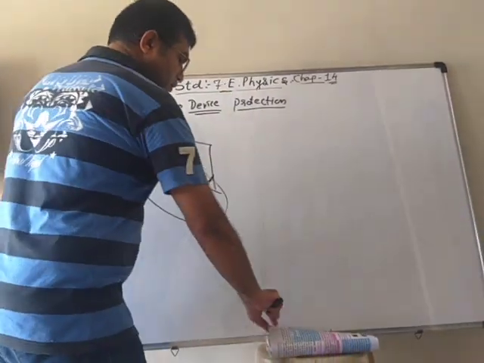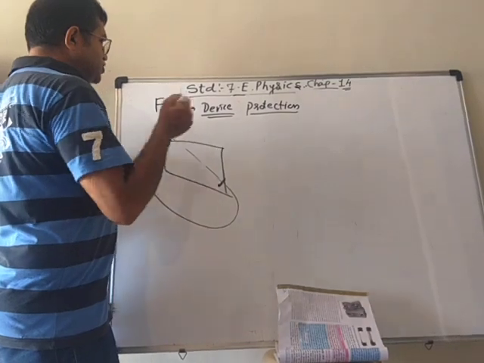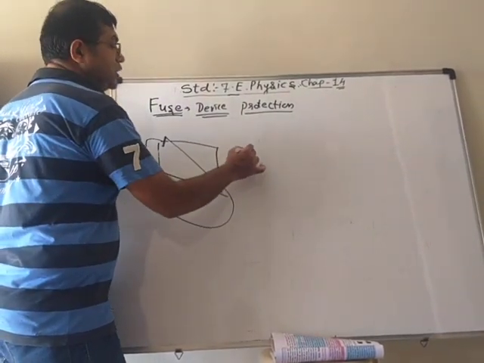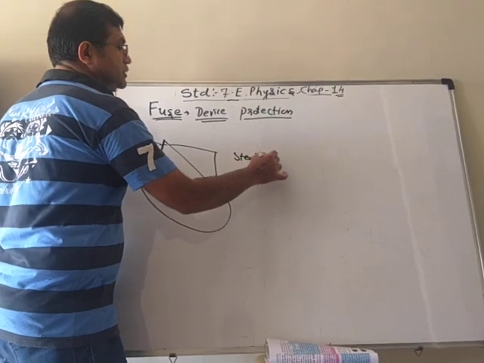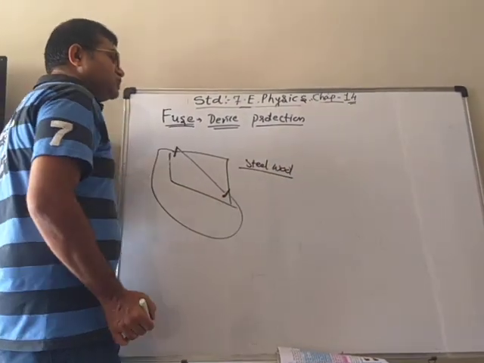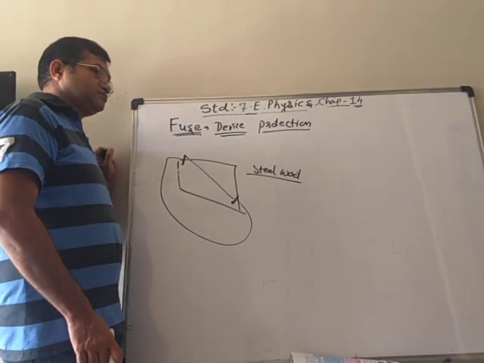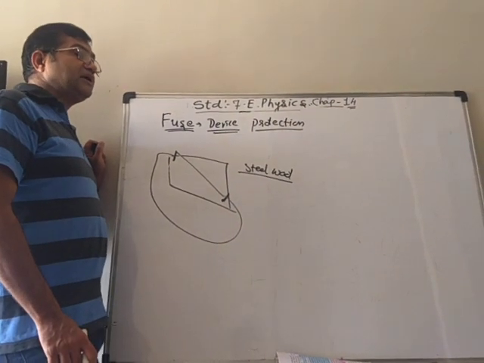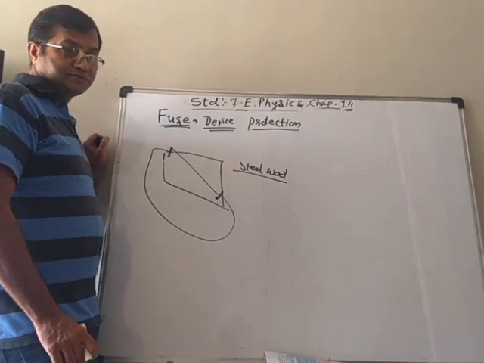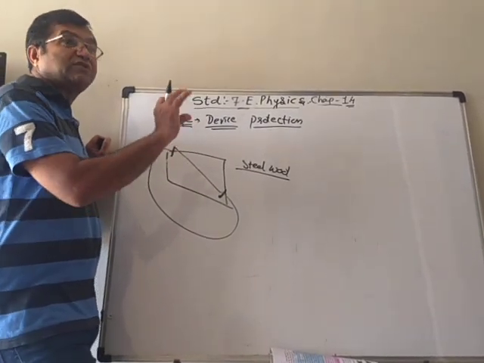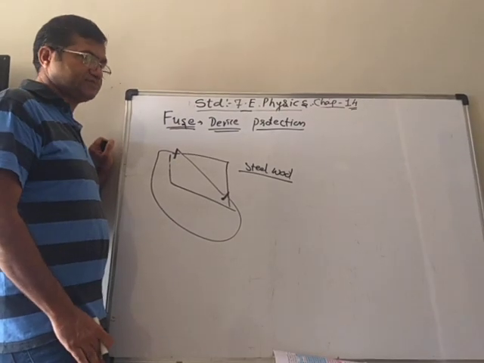So now in that place you can also use steel wool. Steel wool is actually used in our houses for cleaning utensils. It is made up of a network of very thin wires.